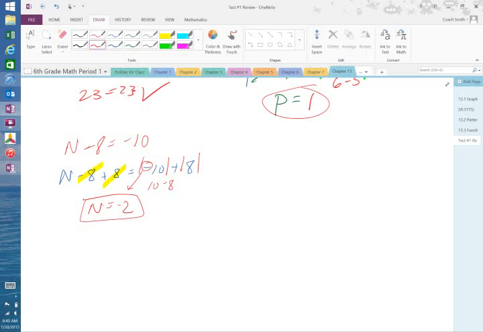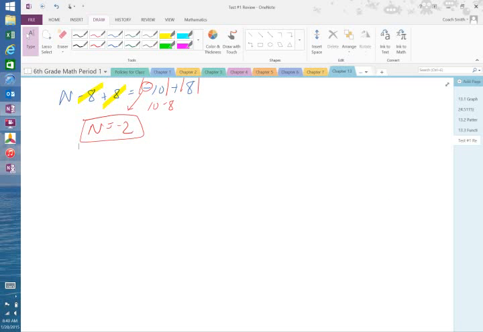So number 10, we have c times, I'm going to use the dot, c times 8 equals negative 88. So they're saying I'm going to multiply some number times 8 to get negative 88. Well, we're doing multiplication, so the inverse of multiplication is what? Division.